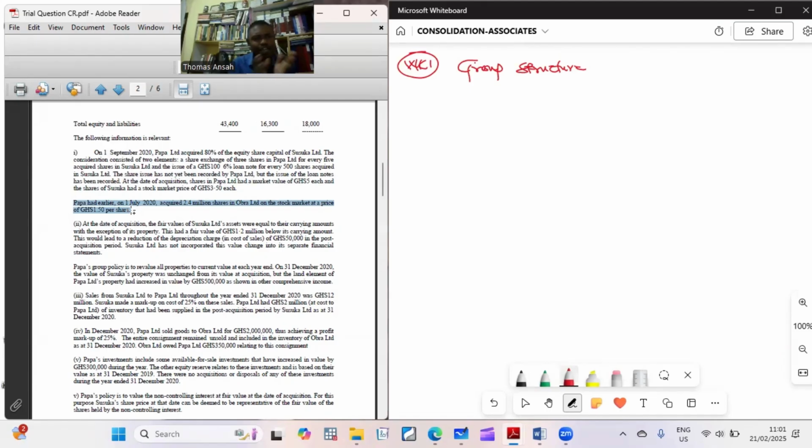So here alone, I can draw my ownership structure, all right, because per what I've read, there is Papa who acquired, what is the name? Susuka. Okay. Now, what is the percentage he acquired? He said he acquired 80%. So that is it.